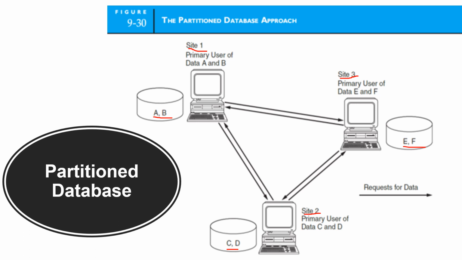If, let's say, site 2 is requesting data, let's say A, it will go here to request the data, then the data will come to this side. You can see that there is an arrow in and out for each site. Okay.